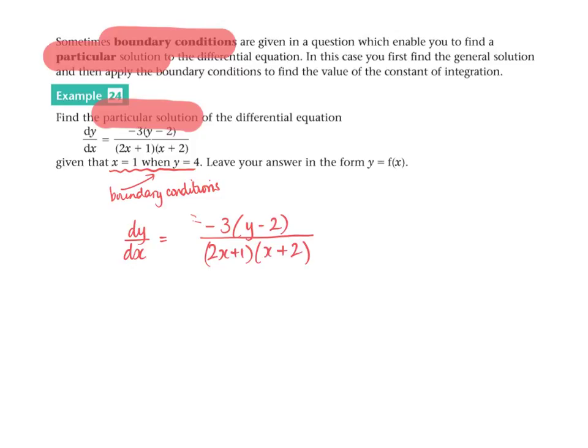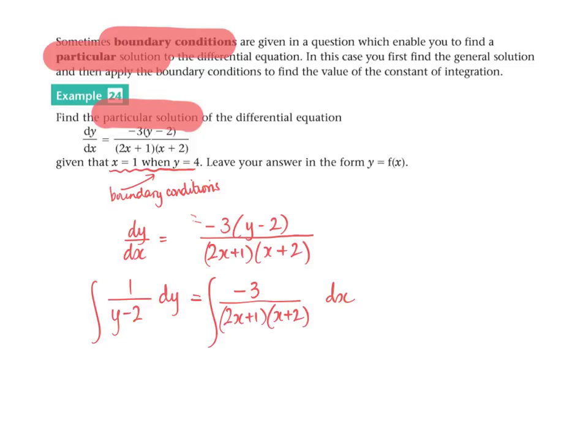So, taking the dx's and the dy's across, we'll leave the minus 3 on the right hand side, so we'll get minus 3 over 2x plus 1, x plus 2, and we'll make that a dx. And then on the other side we're going to have 1 over y minus 2 dy.